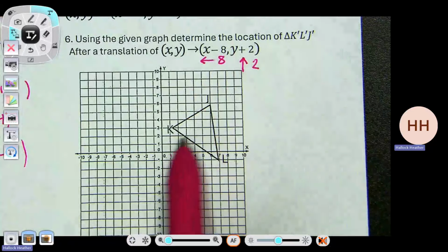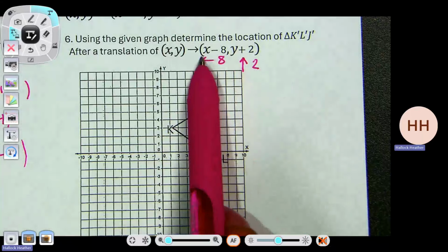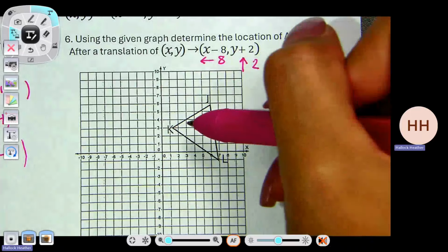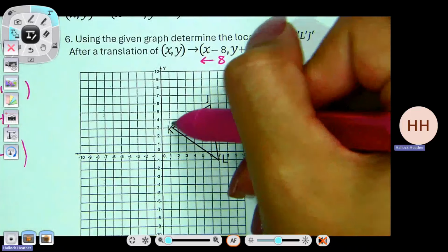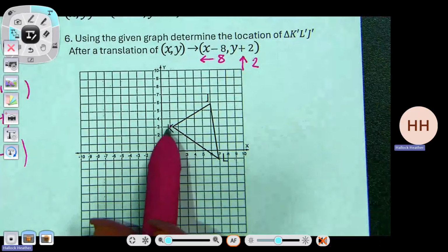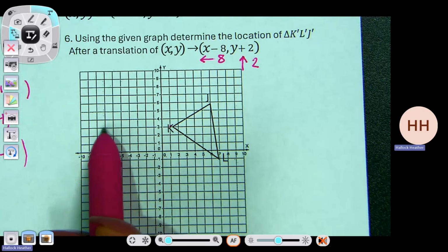So we're going to start with, just start with K. I have to go left 8, up 2. So K is literally right here, which is weird because it's slightly off, but so K is here. We're going to go left 8. 1, 2, 3, 4, 5, 6, 7, 8. And then we have to go up 2.